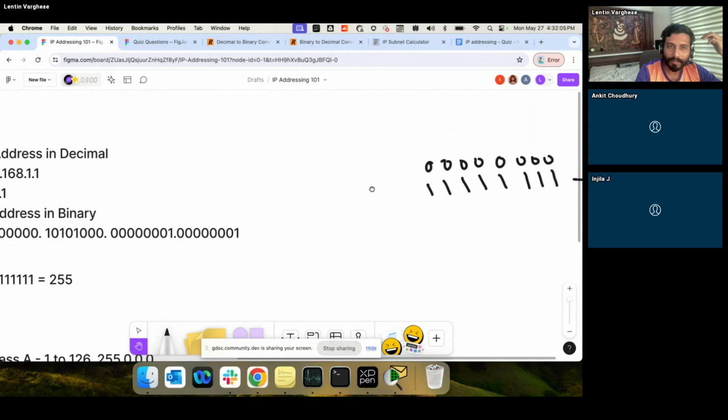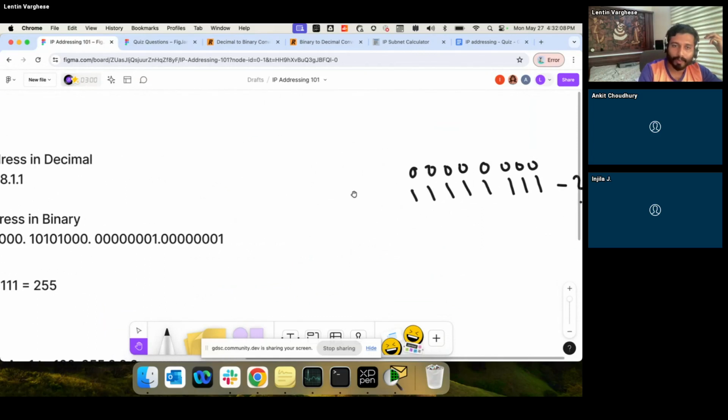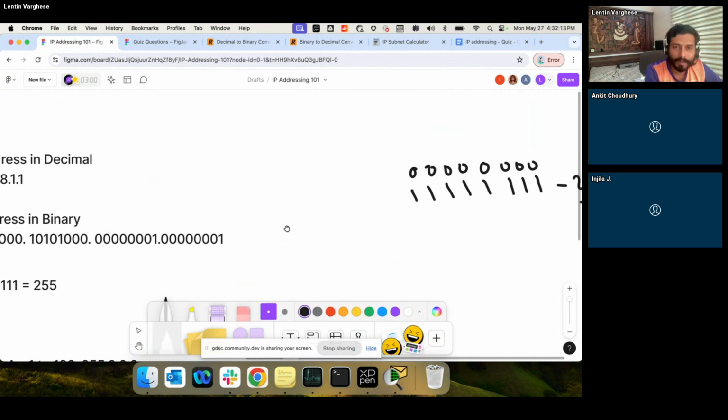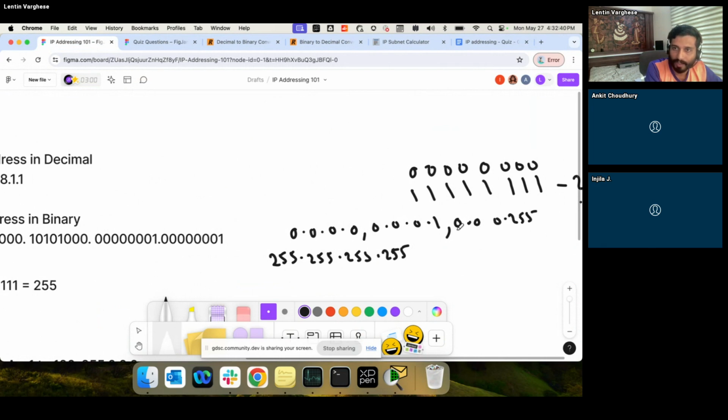Let's see. Okay. So, all right. Let's say that 0.0.0.0. Okay, 4 octets. The largest would be 255.255.255.255. Right. Now the next one would be 0.0.0.1, and it'll go till 0.0.0.255.